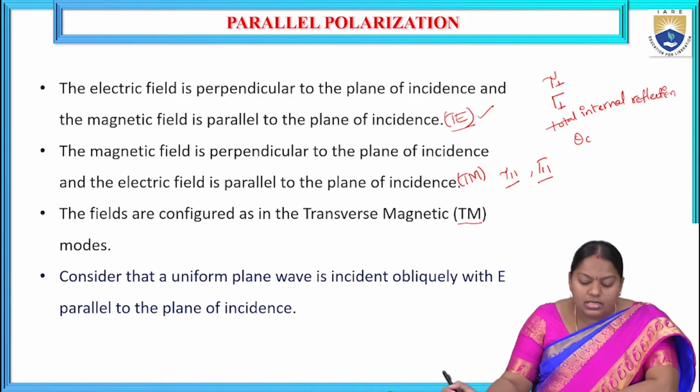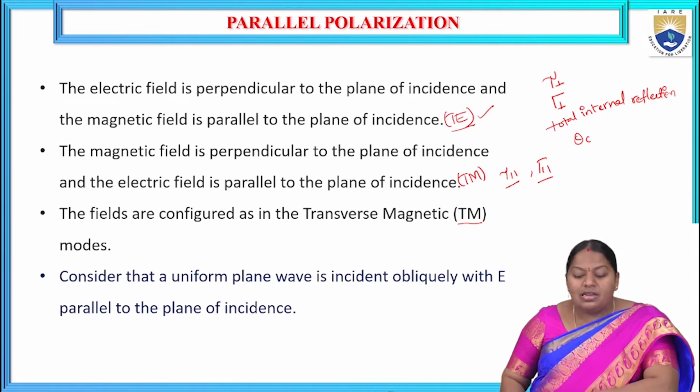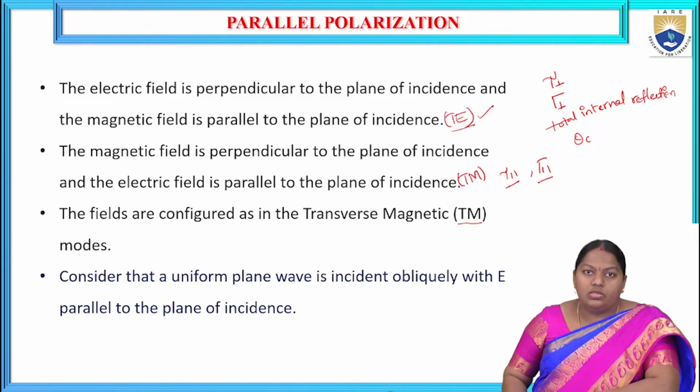Now, in order to derive these two coefficients, firstly, consider that a uniform plane wave is incident obliquely with E parallel to the plane of incidence. With E parallel to the plane of incidence, the magnetic field is perpendicular to the plane of incidence. Hence, the waves are said to be transverse magnetic waves, simply TM modes.